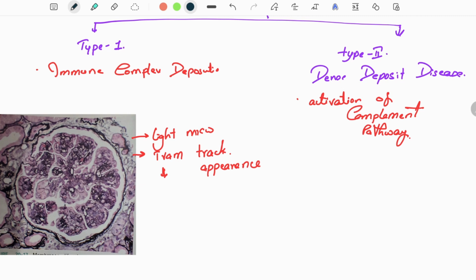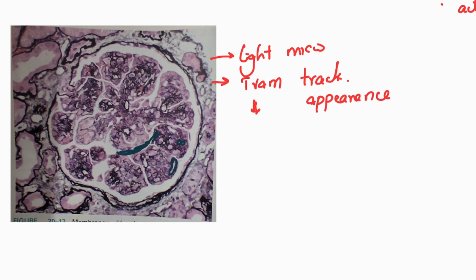Because of mesangial cell proliferation, there will be increased mesangial matrix and the basement membrane thickening with segmental splitting can be seen. There will be thickening of the basement membrane and the segmental splitting can be observed here. Swelling of the cells can be seen, which line the peripheral capillaries.